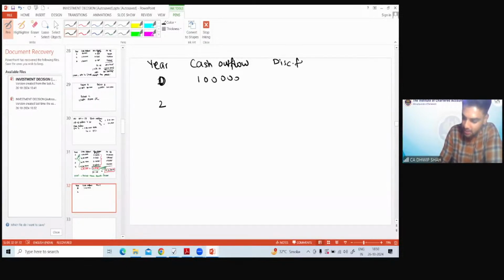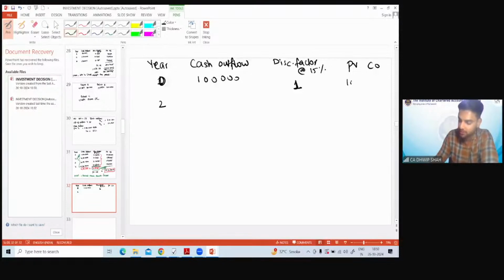Can I say my discounting factor for year 0 would be 1 only? Yes or no? The worth of 1 lakh today is the worth of 1 lakh today only. It will not get reduced. So you don't need to discount the year 0 cash outflow. So my PVCO for year 0 is 1 lakh and for year 2 it is 50,000.